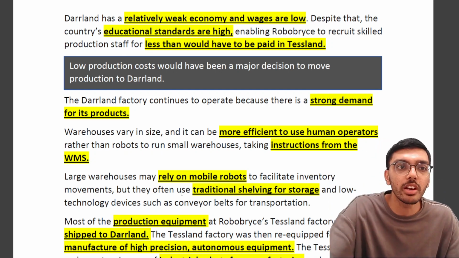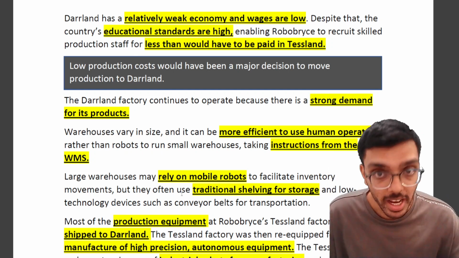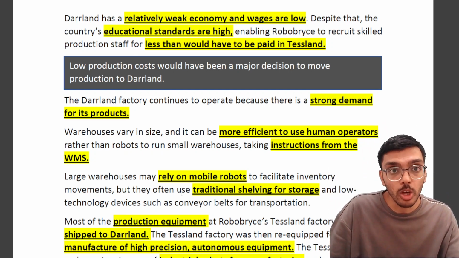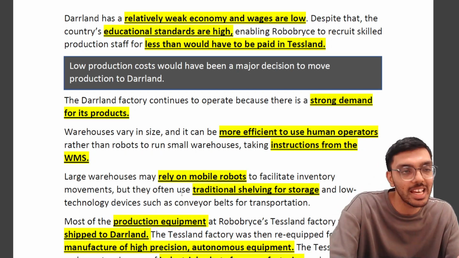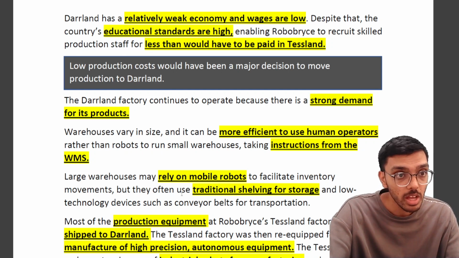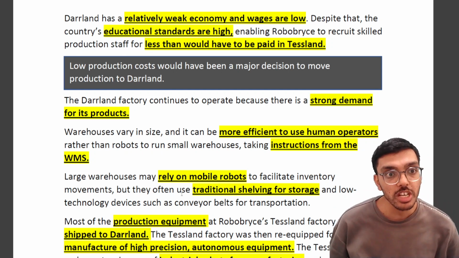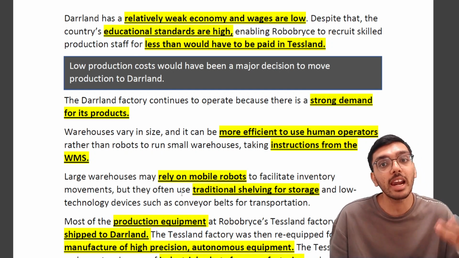And over here, this country is offering me a weak economy, wages being low, so their currency will be less than mine. Educational standards are high and good staff. So low production costs would have been a major decision to move production to Darland.